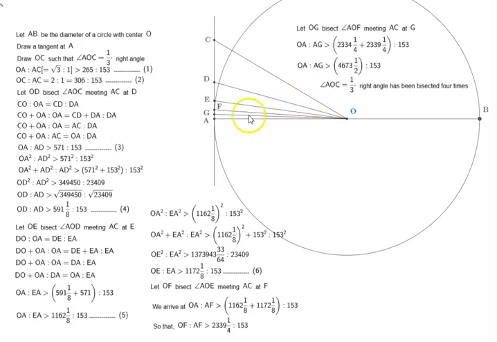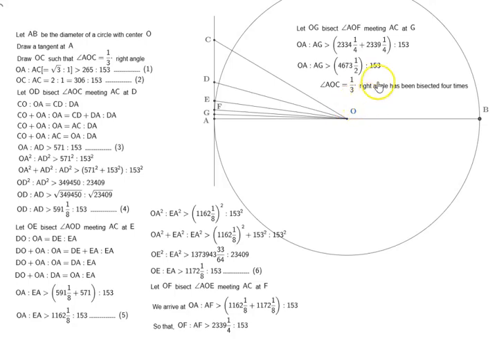Now, angle AOC is equal to 1/3 of a right angle. And that 1/3 of a right angle has been bisected 4 times. That means what? 1 by 3 times 1 by 2 times 1 by 2 times 1 by 2 times 1 by 2.